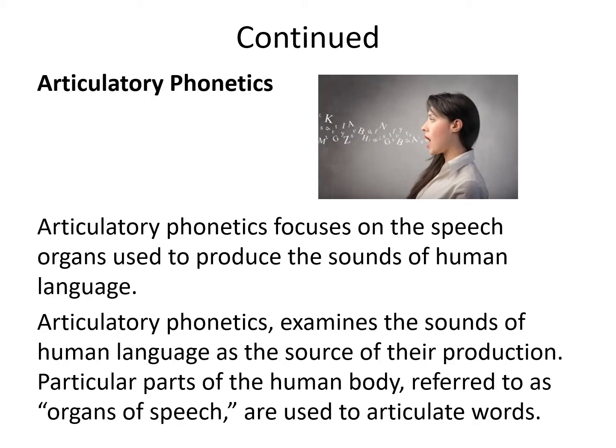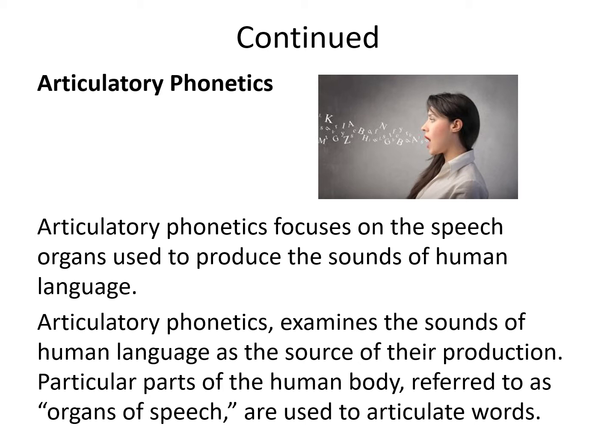So, articulatory phonetics deals with the speech organs, and its focus is on the speech organs used to produce the sounds of human language. What are those speech organs, and in what way do they function to utter speech sounds? Articulatory phonetics examines the sounds of human language in terms of their production and particular parts of the human body.